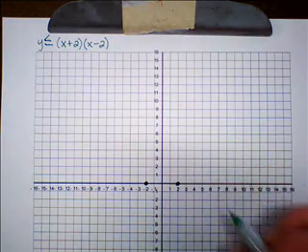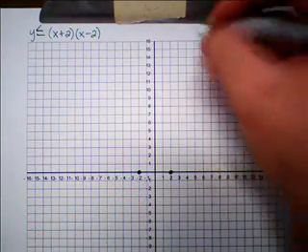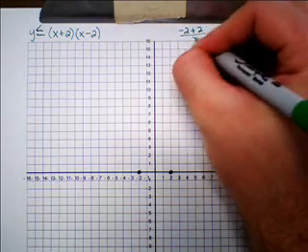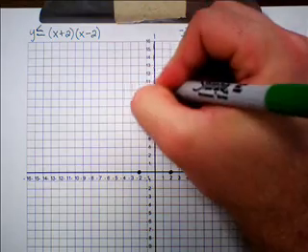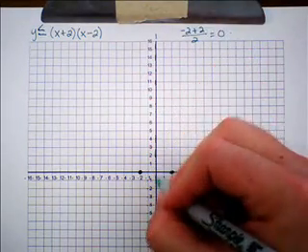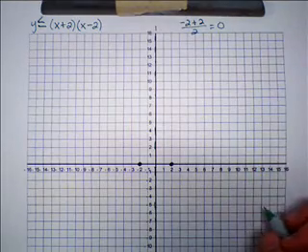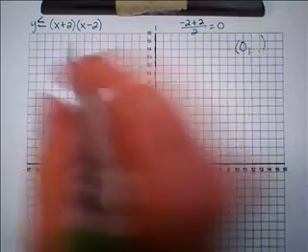I know that I have an axis of symmetry in between those two values. I can tell it's at 0, but if you didn't know that, you would take this value, add it to the second value, and divide by 2, and it gets you 0. So I know that my axis of symmetry is right down the y-axis. I know that my vertex is 0, something, so I plug it in.